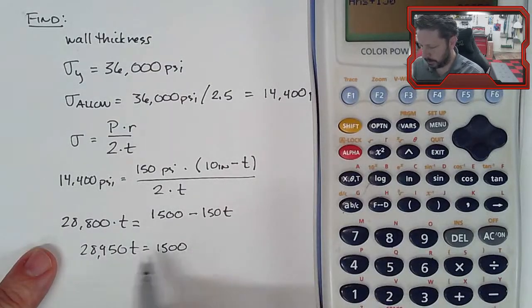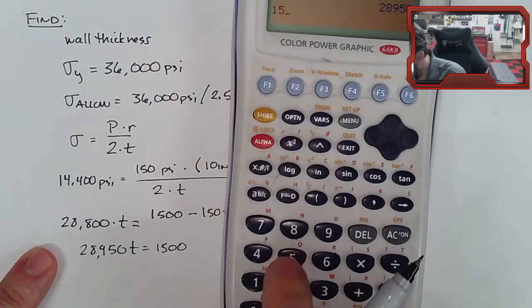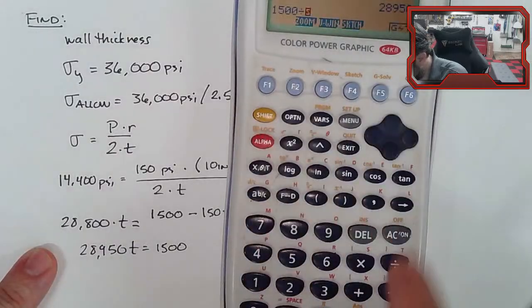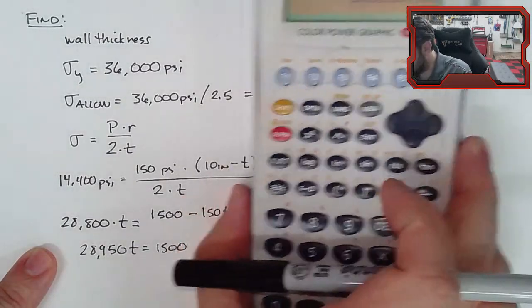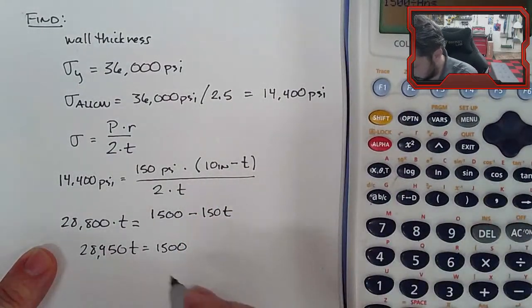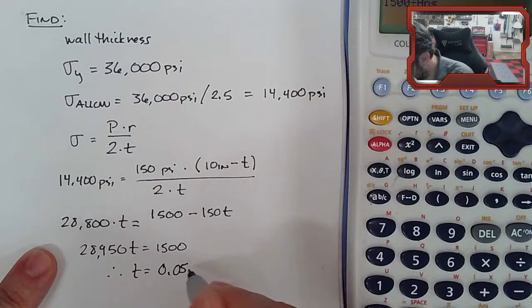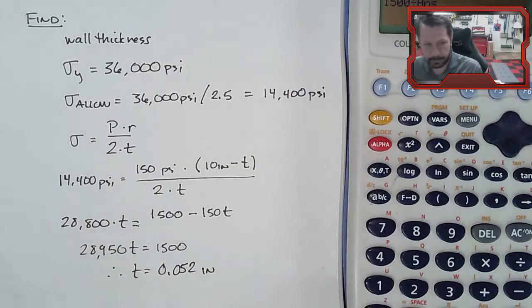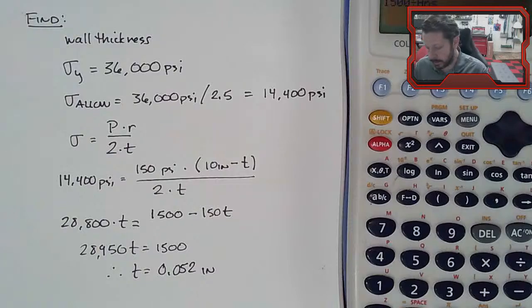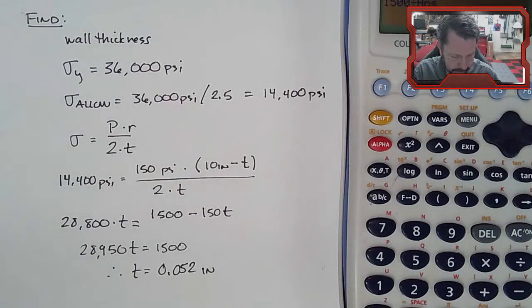So divide 1,500 by that number, and we get 0.052. So T equals 0.052 inches.